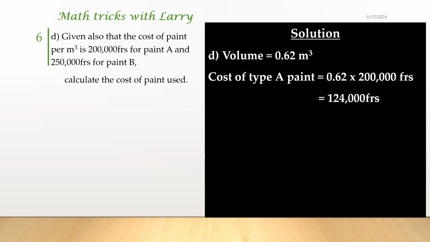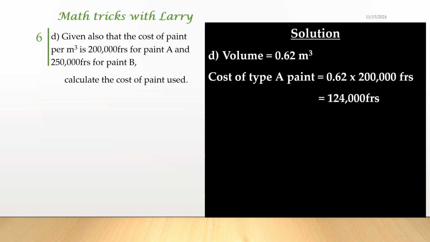So the cost of paint for type A will simply be the volume of paint used times the cost of buying a cubic meter of that paint. So we have 0.62 times 200,000 francs, which gives us 124,000 francs as cost for type A paint.